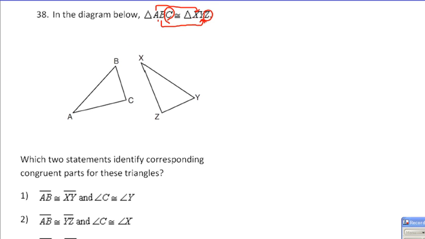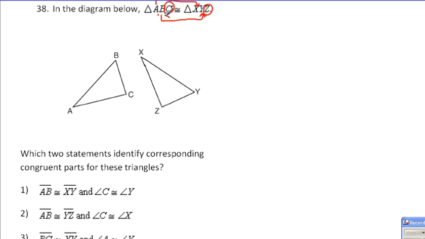Then AB must be congruent to XY. You see that same portion, AB and then XY. And how about angle C and then Y? C is all the way at the end, while Y is in the middle. Even if you look at a picture, C is here, Y is here. Seemingly they're not. So therefore, number 1 is not the answer.